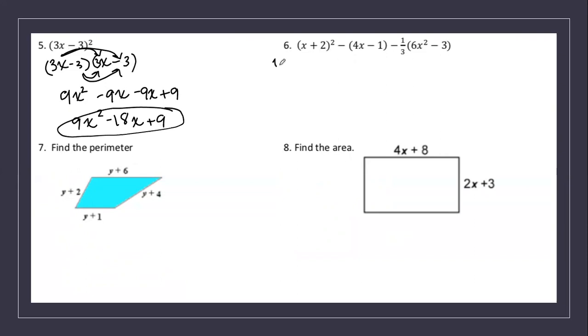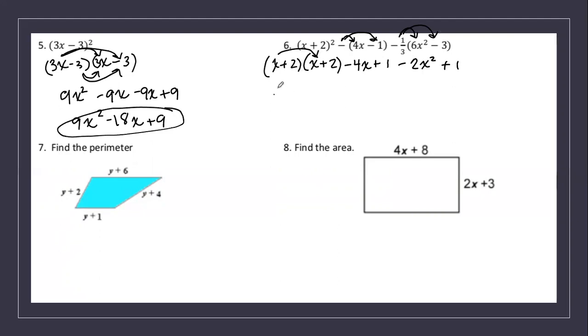Next one, I have x plus 2 squared, which is the same as x plus 2 times x plus 2. I want to distribute my negative here. Negative 4x, negative times negative 1 is positive. And then I'm going to distribute my negative 1/3, which is negative 2x squared plus 1. Now I need to FOIL these first two.